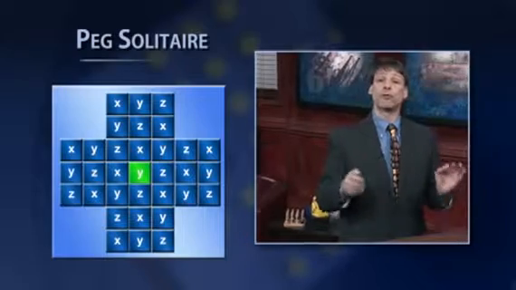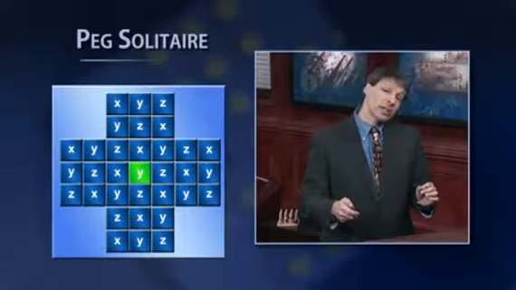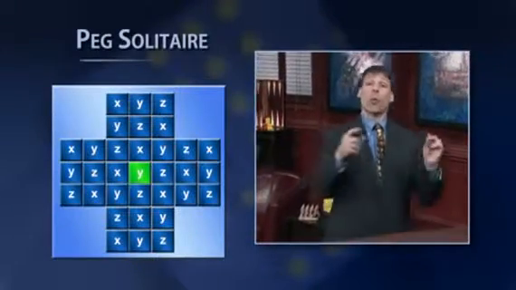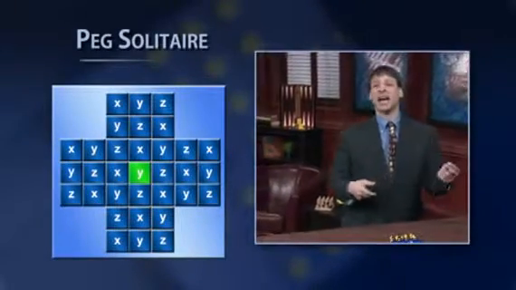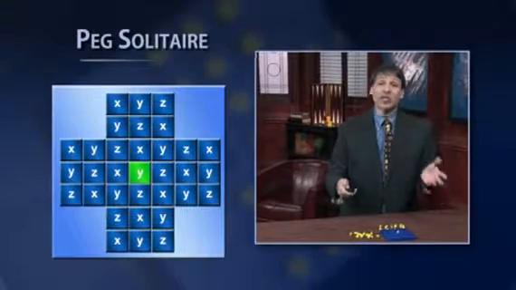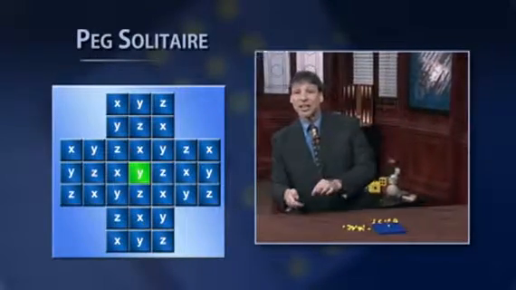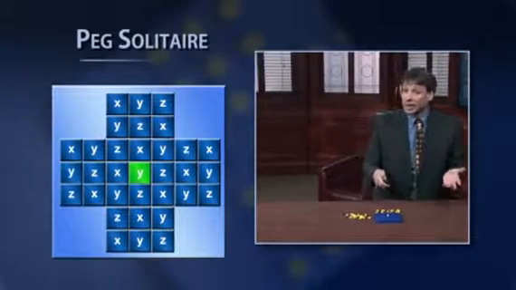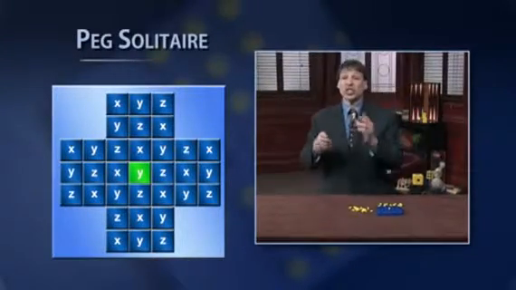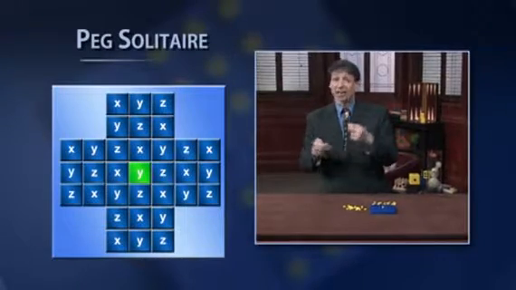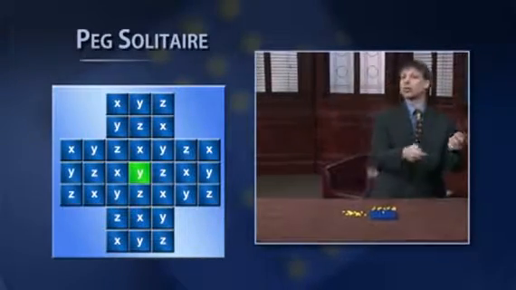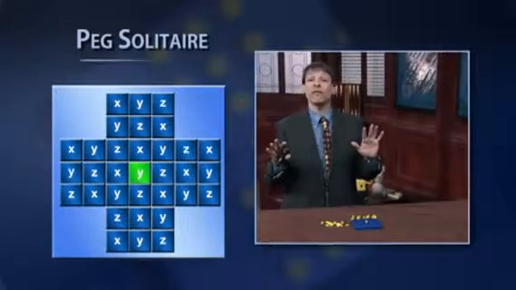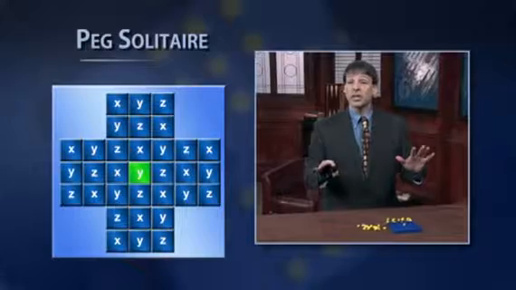Every time you perform a jump, you're replacing 2 pegs from occupied squares with 1 peg from an unoccupied square. For instance, if you jump from X over Z, you must land on a Y. But that won't change the signature at all, since X plus Z is equal to Y. Consequently, the signature of the board will never change.